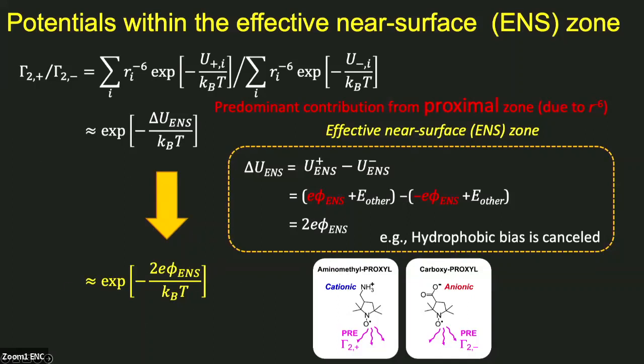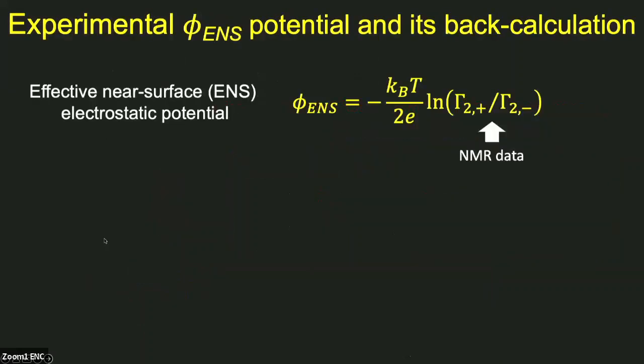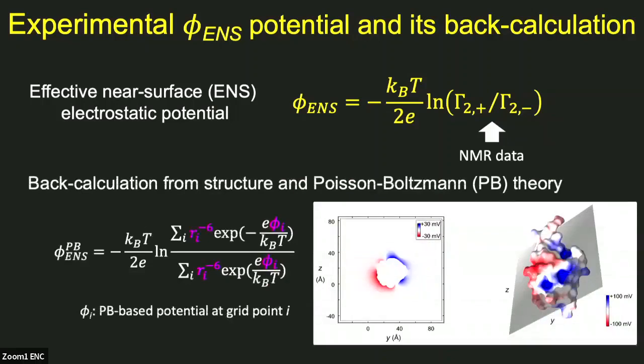And by connecting these two, we can define effective near-surface electrostatic potential shown here. And here, this gamma-2 ratio is from the experimental data. Okay. Good thing about this phi ENS electrostatic potential is that this can be back calculated from the structure using this equation.